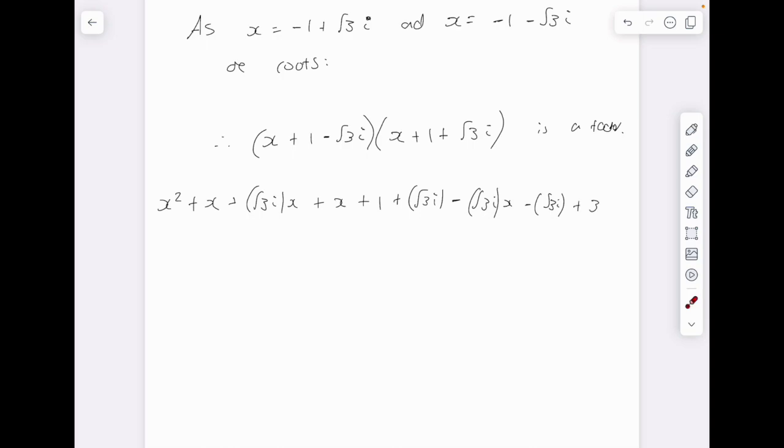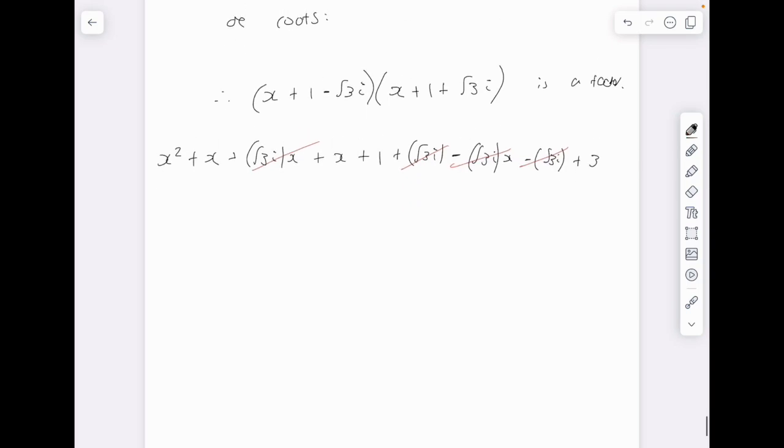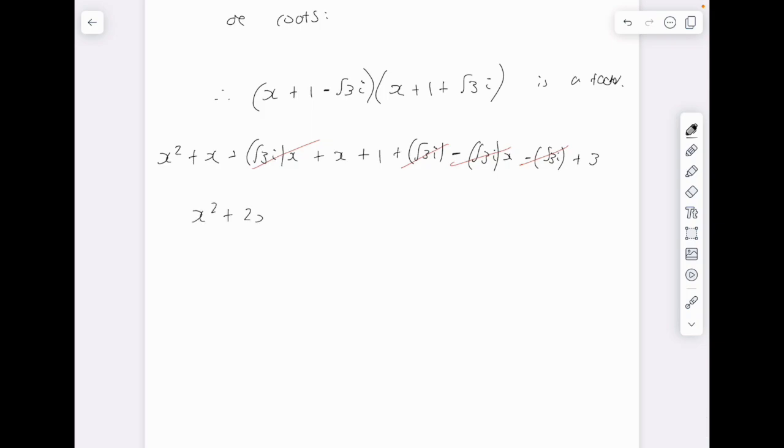Cool. Now we can break this down a little bit. So these are inevitably going to cancel. The x's are going to get together. So what we get here is x squared plus 2x plus 1 plus 3.